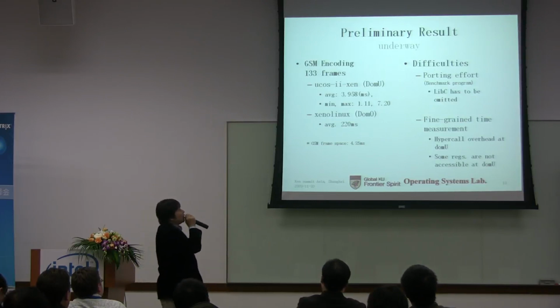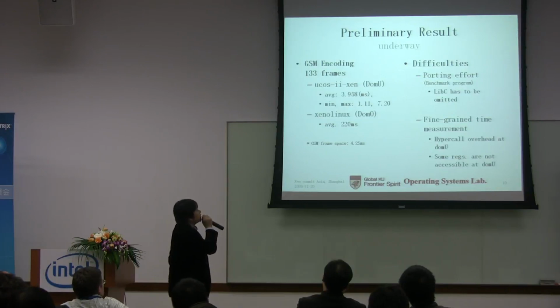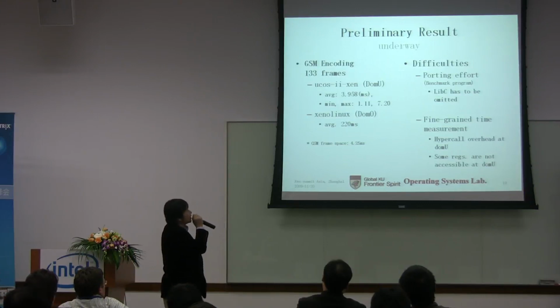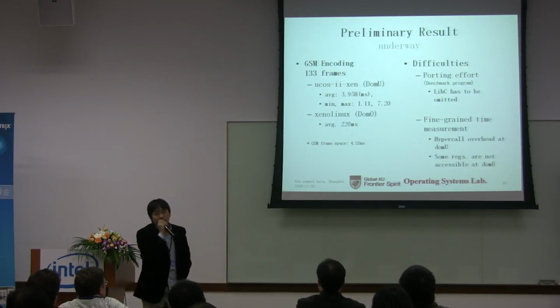GSM encoding, the standard 133 frame encoding time has taken about, in Xen Linux case, average 220 milliseconds, and MicroC/OS Xen runs about average about 4 milliseconds. And be aware that GSM frame time is 4.25 milliseconds.